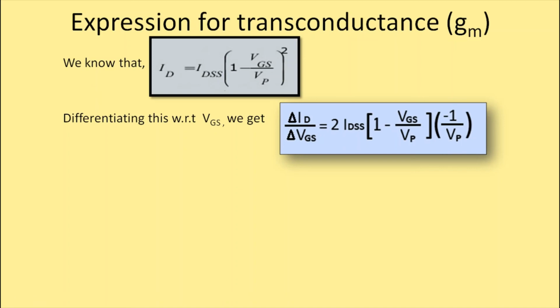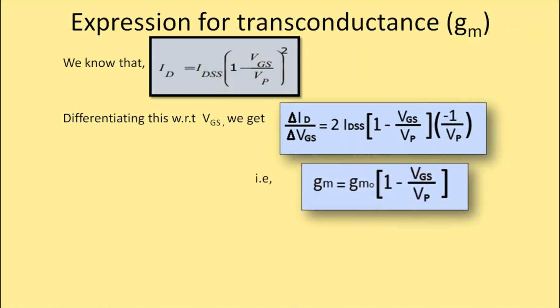So now moving ahead, we know that delta ID by delta VGS is nothing but GM. So I am replacing this particular parameter by GM here. I am retaining this entire term as the same. 1 minus VGS by VP is nothing but the same term written here as 1 minus VGS by VP. The remaining terms are 2 into IDSS into minus 1 by VP.